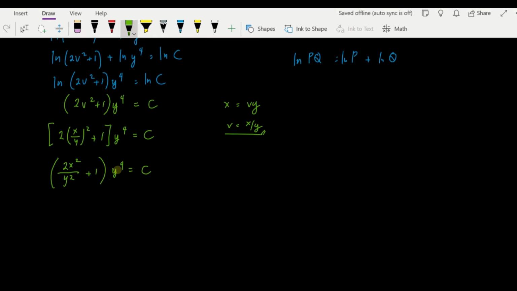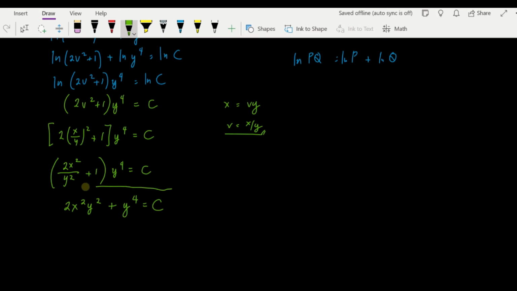Then, i-distribute lang natin. Y to the 4th times 2x squared over y squared. So, y to the 4th divided by y squared is y squared times 2x squared. That is 2x squared y squared. Plus, y to the 4th times 1, y to the 4th equals c.